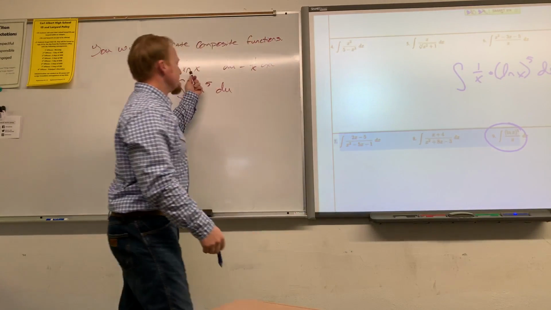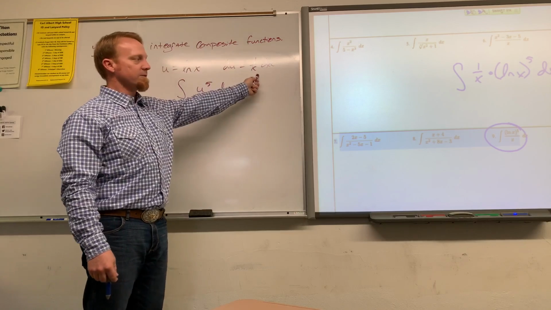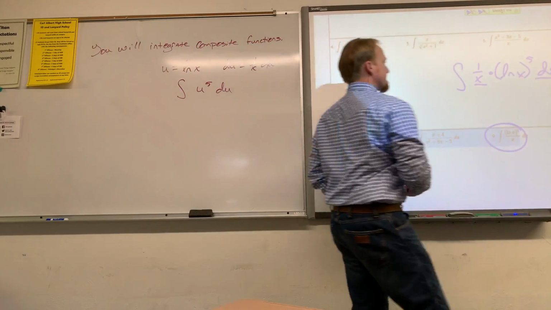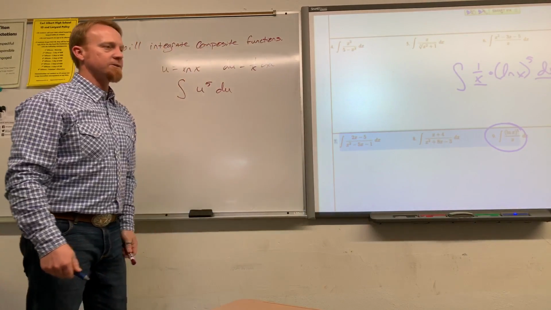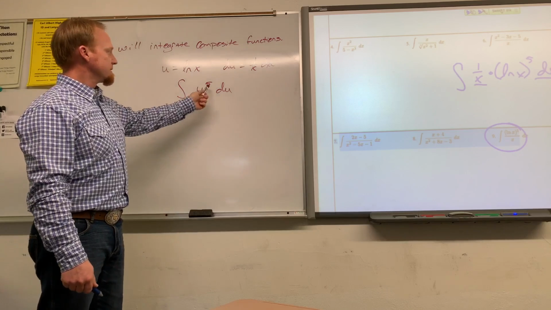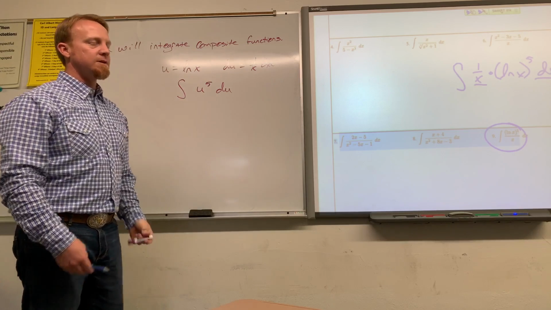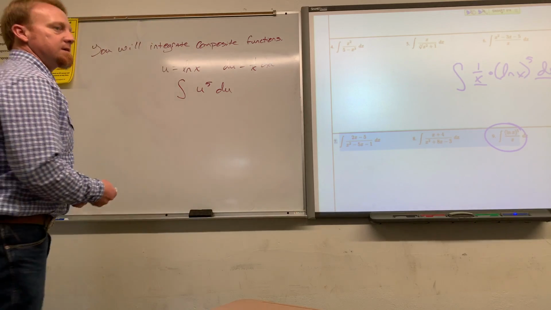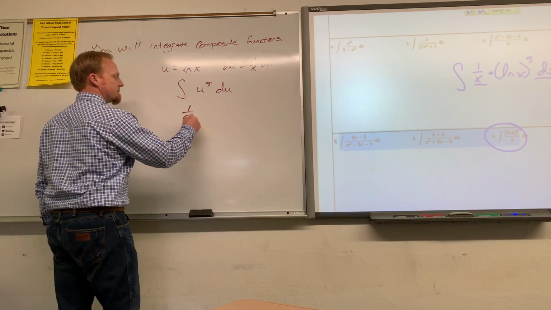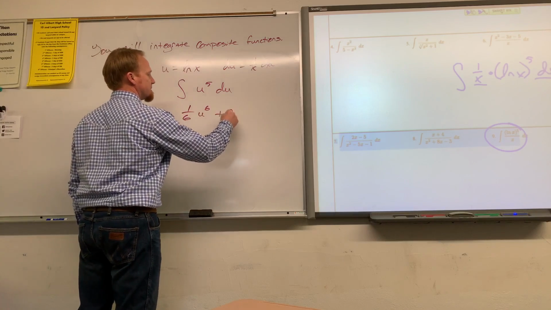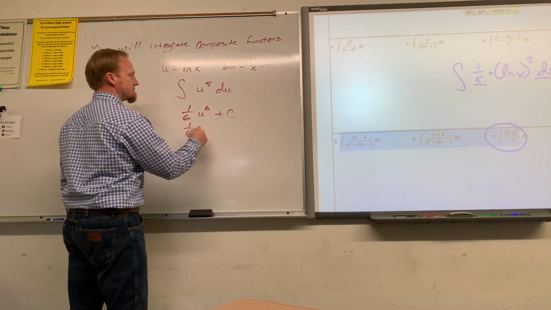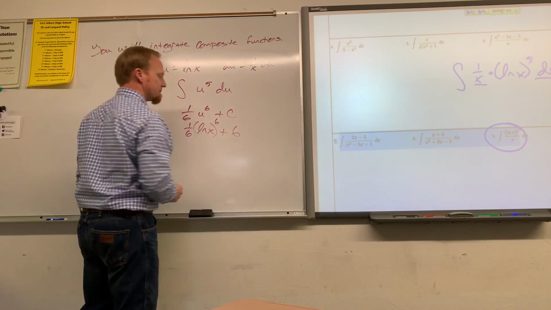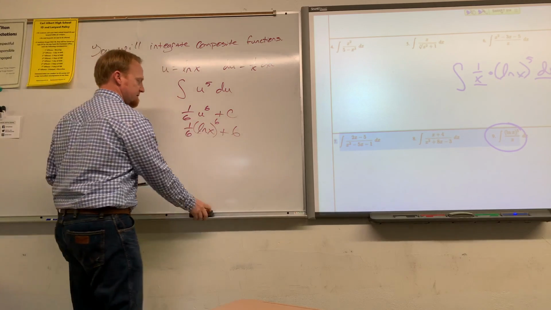So when I do u equals natural log of x, and then the derivative of this, the 1 over x and the dx turns into du. The only thing left is the outside function, which is u to the 5th. That gives me 1/6 u to the 6th plus c, 1/6 natural log of x to the 6th power plus c, not 6.